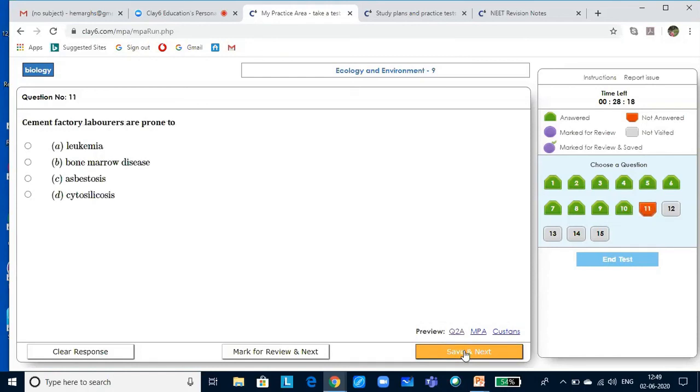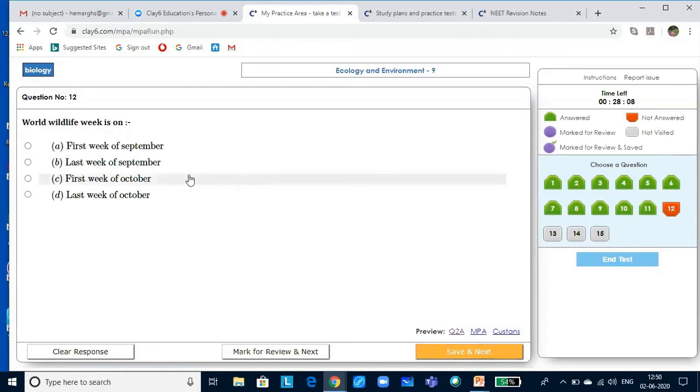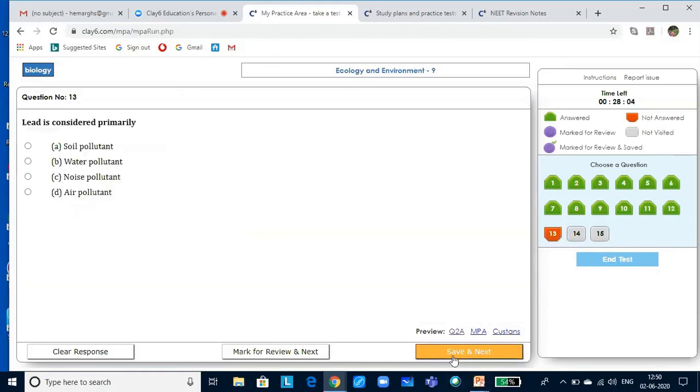Cement factory laborers are prone to cytosilicosis. World Wildlife Week is in the first week of October. Lead is considered primarily an air pollutant.